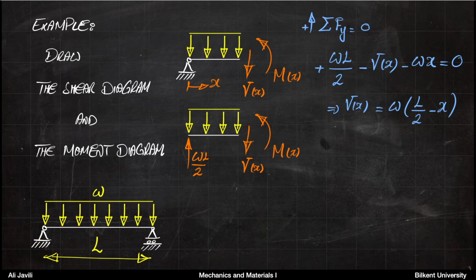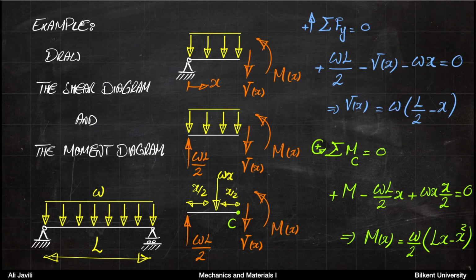And now in this system, if you want to calculate V, you would replace again the distributed load by a single force, this would be then W times x in the center. So from that, you can get V of x through equilibrium. And then also we can do the same thing for moment.